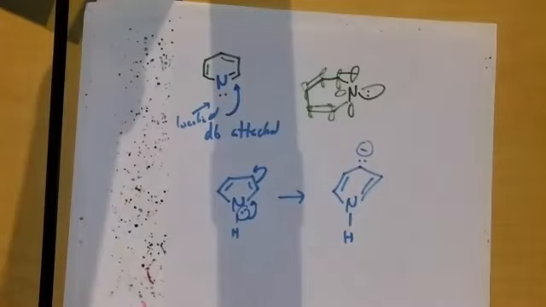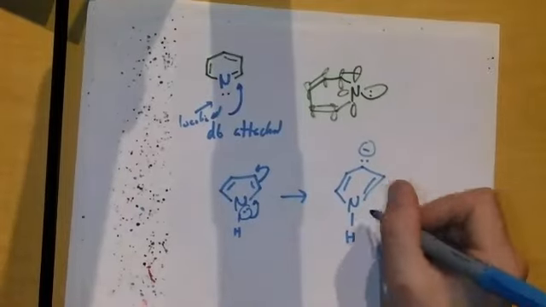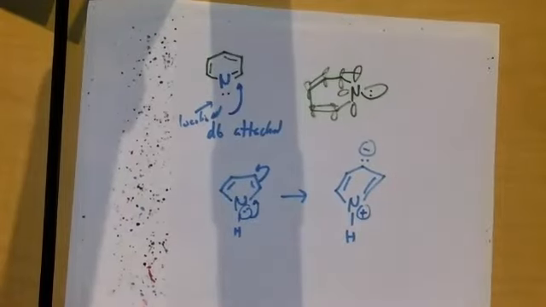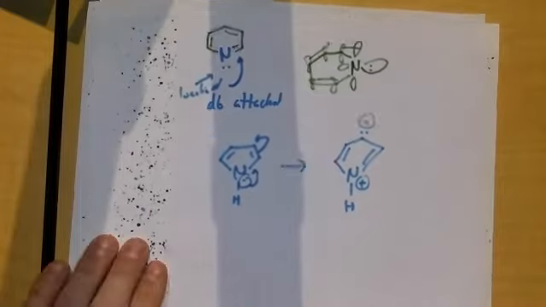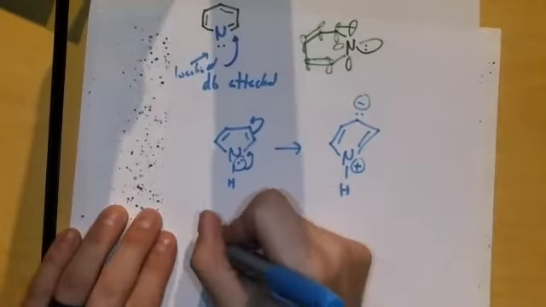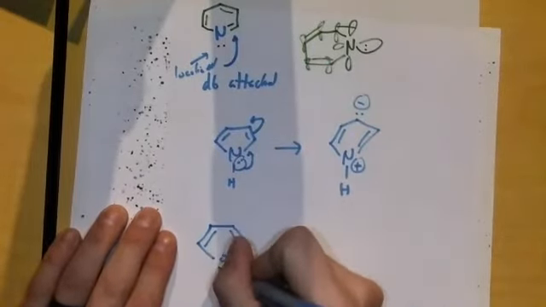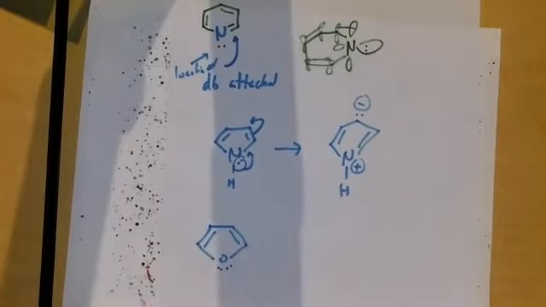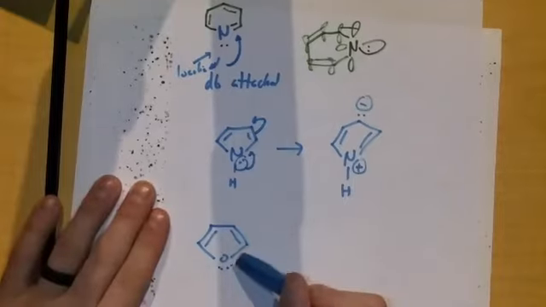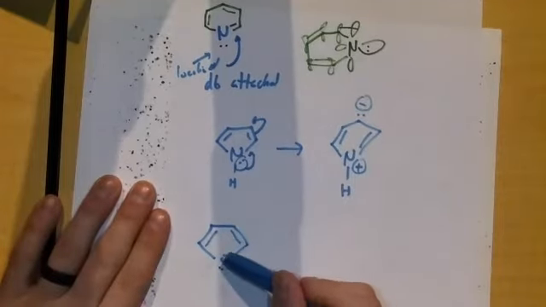Which means that we're going to count them. That's a plus. The pinnacle example of this is furan. With oxygen, we have two sets of lone pairs.